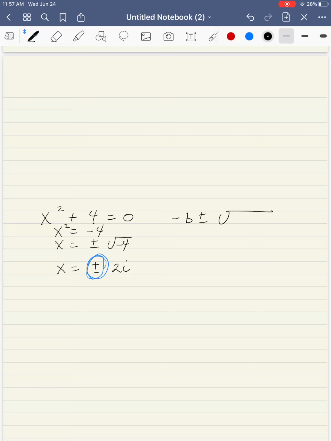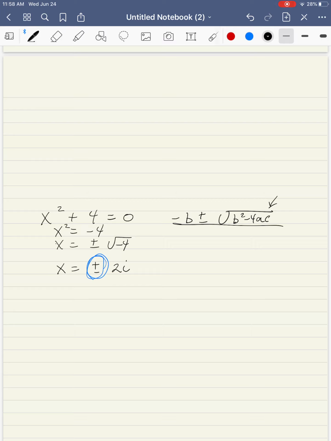So I have to think about this 0 right here. This is an imaginary 0 because of the i. Remember, whenever we tried to solve a quadratic equation, and we isolated our x squared and took the positive or negative square root, we always ended up with the positive or the negative value.